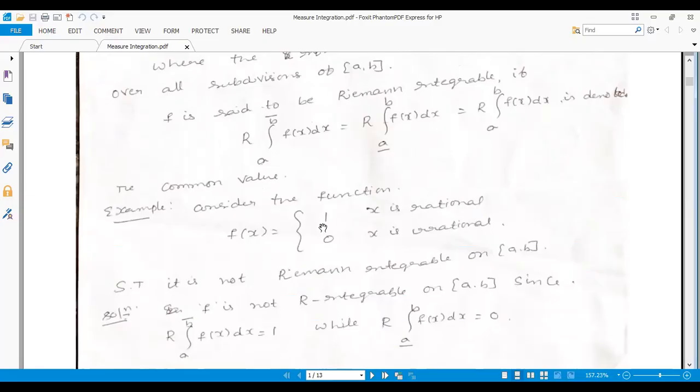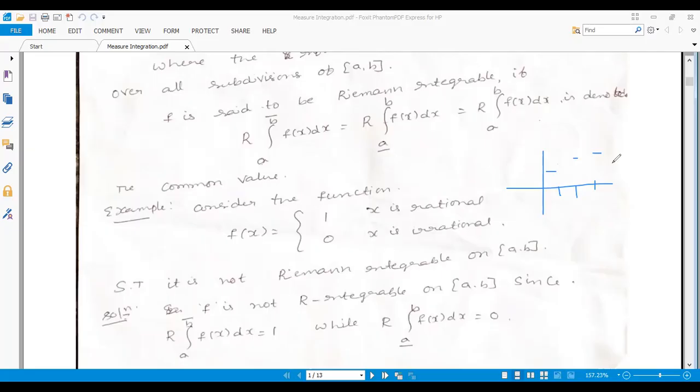Consider the function f(x): if x is rational, we represent it as 1; if x is irrational, we make it 0. You know these things. Otherwise, it becomes 0.